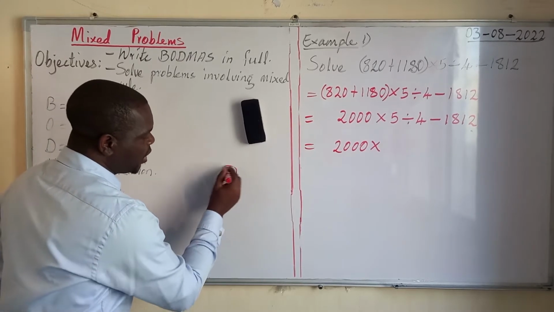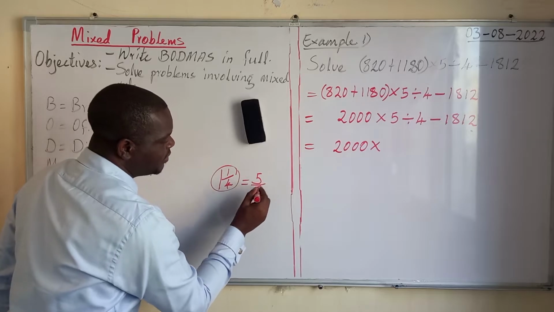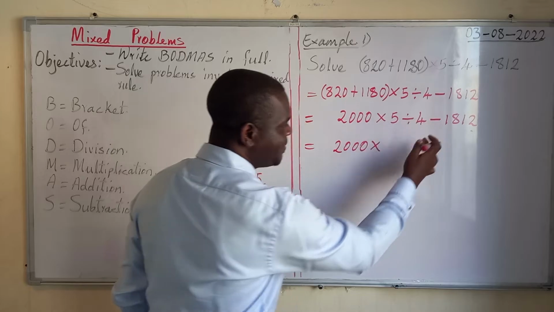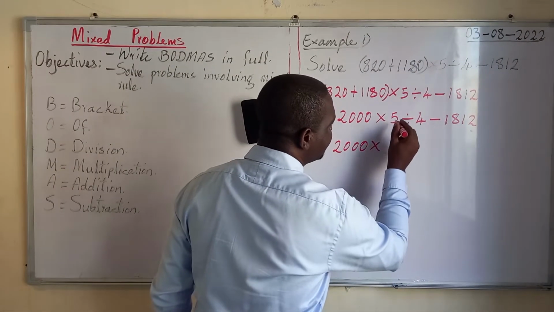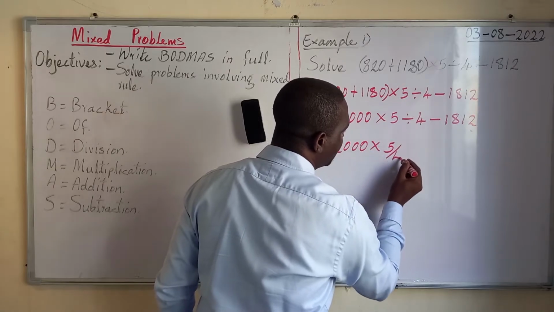If you write 1 and 1/4, you are still going to come back to 5 all over 4. For that reason, we are going to maintain this as a fraction for easy solving. So we'll write 5 divided by 4 as 5 all over 4.